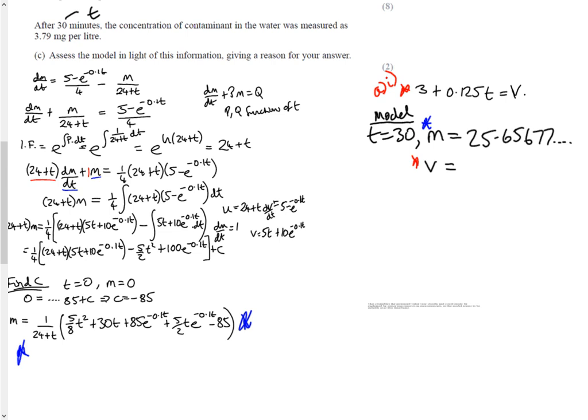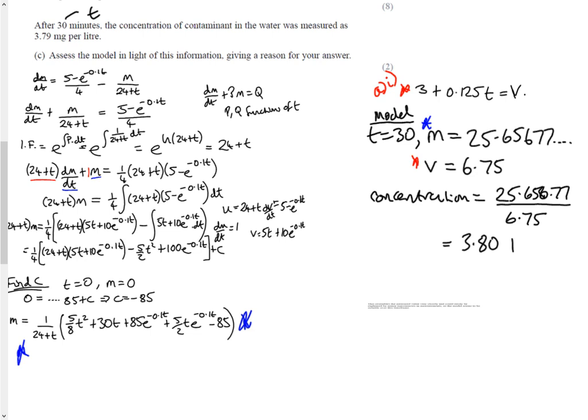So if you substitute into that one, you should get your volume is 6.75. And so our concentration, according to the model, is the amount we've got divided by the amount of water, which is 3.80 to 3 significant figures.